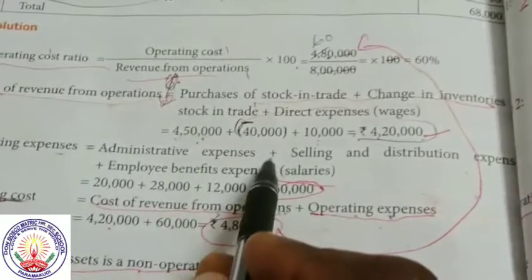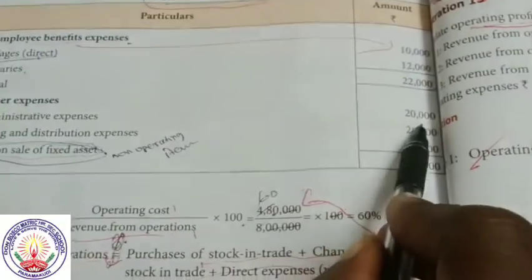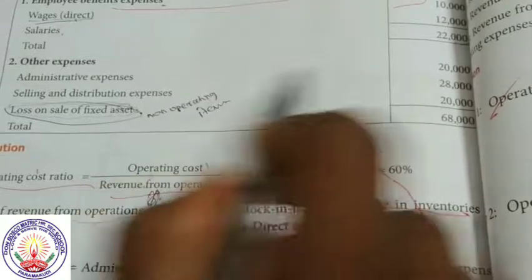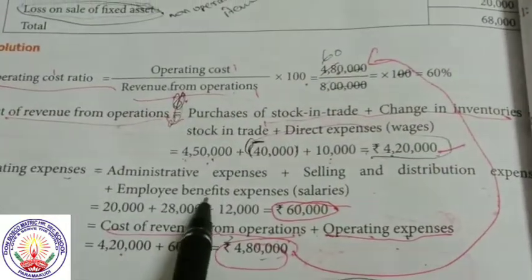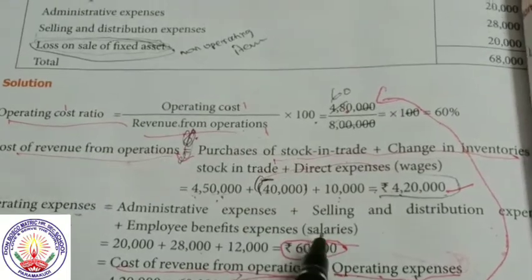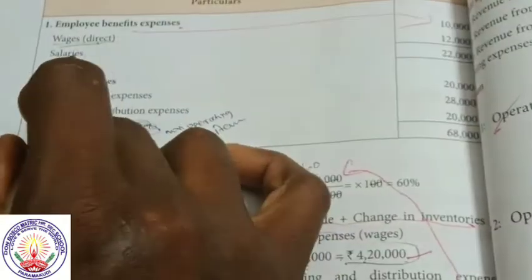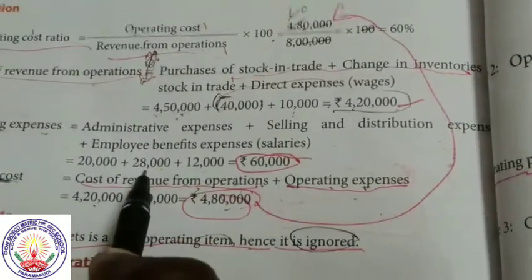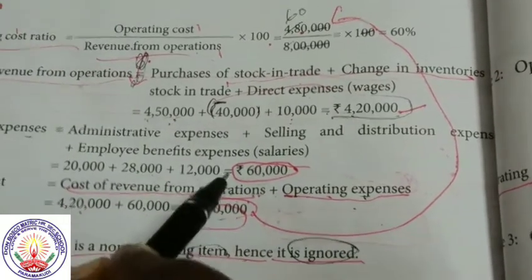Administrative expense is rupees 20,000. Selling and distribution expense is 28,000. Employee benefit expense, salaries, is 12,000. Added together: 20,000, 28,000 makes 48,000, plus 12,000 makes 60,000 for the operating expense.